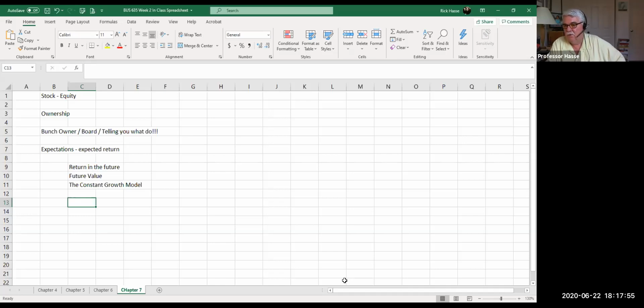But equity is a form of investment. It's in valuation of the company. Either the public valuation of the company or the intrinsic valuation of the company. Two important words for advanced MBA students. Market valuation of a company, called market cap, is the current stock price times the number of shares of stock outstanding.